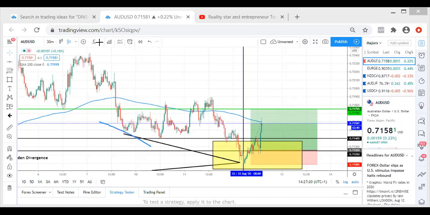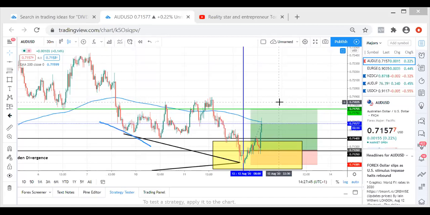There are 3 steps to this particular strategy: you figure out your hidden divergence on the 4-hour time frame. But remember, primarily you're identifying is the market above or below my 200 moving average.